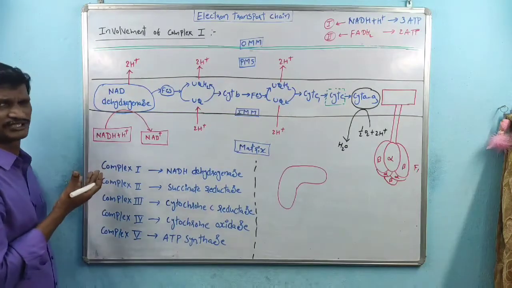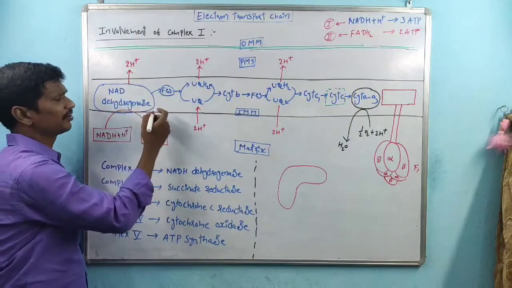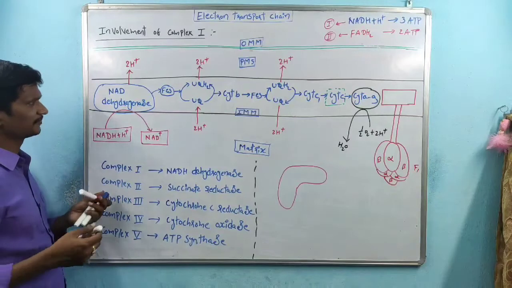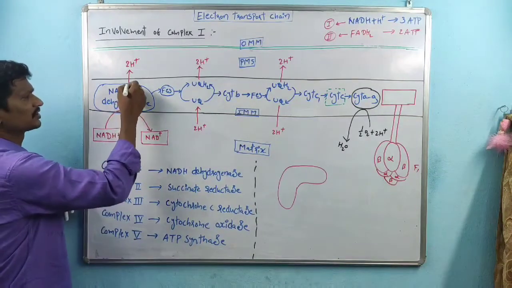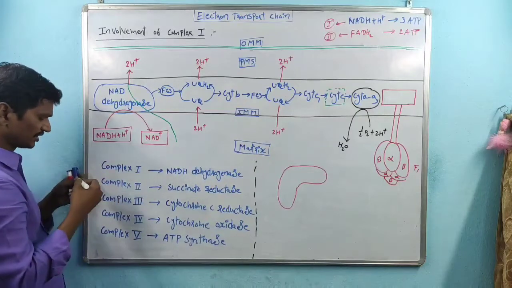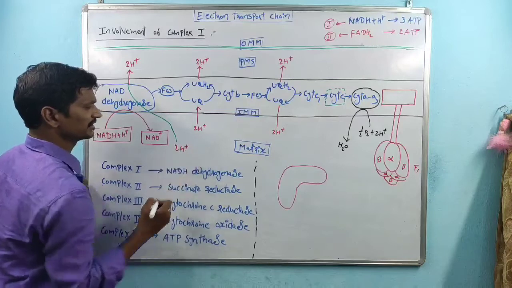H plus ions are also donated. This is the complex 1 structure, involved in the pumping of 2 H plus ions.